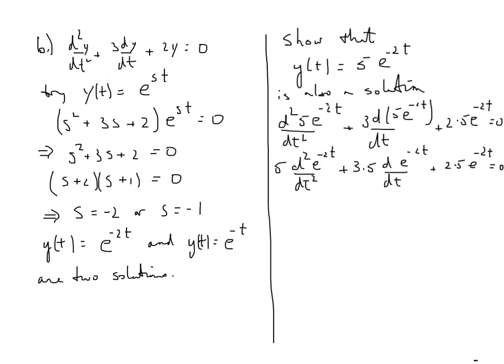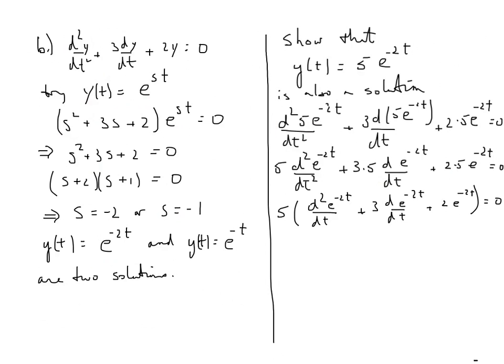Well, there's a common term of 5 here, here, and here, so I'll factor that out, and I'll write it as 5 times the second derivative of e to the minus 2t, plus 3 times the derivative of e to the minus 2t, plus 2e to the minus 2t.